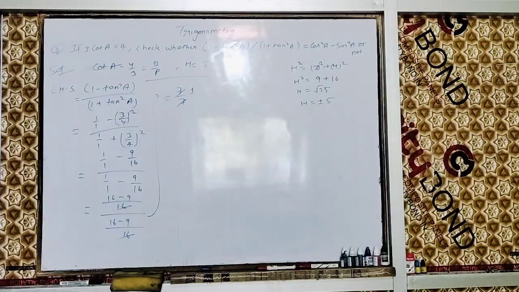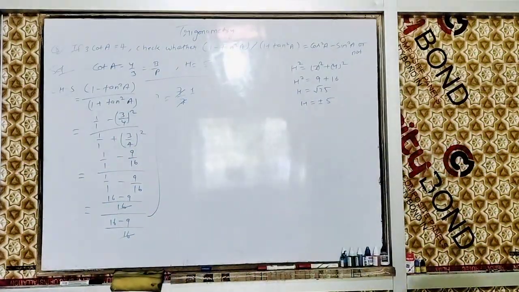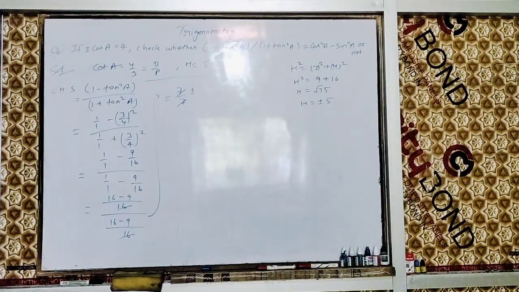3 3 is 9, 4 4 is 16. 1 minus P upon B. Yeah, this is correct. So it is coming 1. Let me check whether it is correct or not.